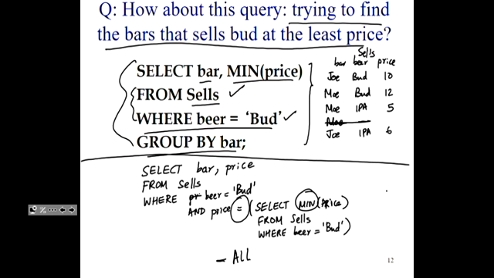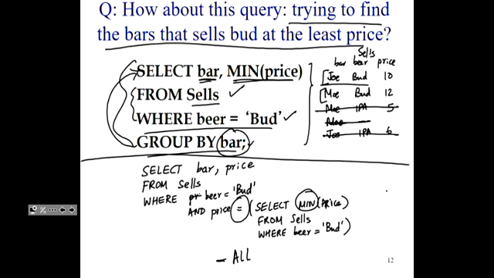Make sense? So I'm going to eliminate this and this. Okay, next I'm going to group by bar. So there's one group corresponding to Joe, one group corresponding to Mo. Yes? Okay. So then after that I'm going to go back to the select clause. Select clause is going to say select bar and min price across all of the tuples corresponding to each bar.